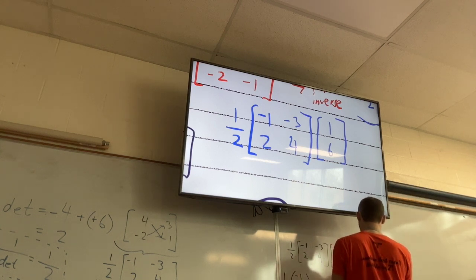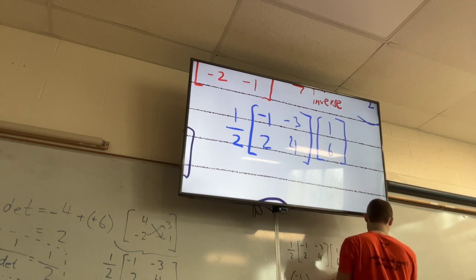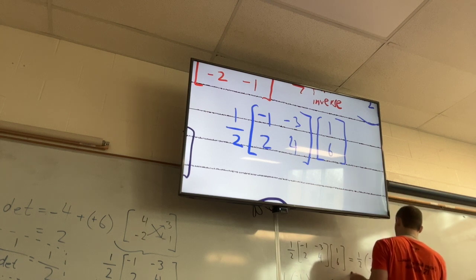So this is equal to 1/2 times -19 over 26. Now I'll distribute. -19 over 2 and 13.